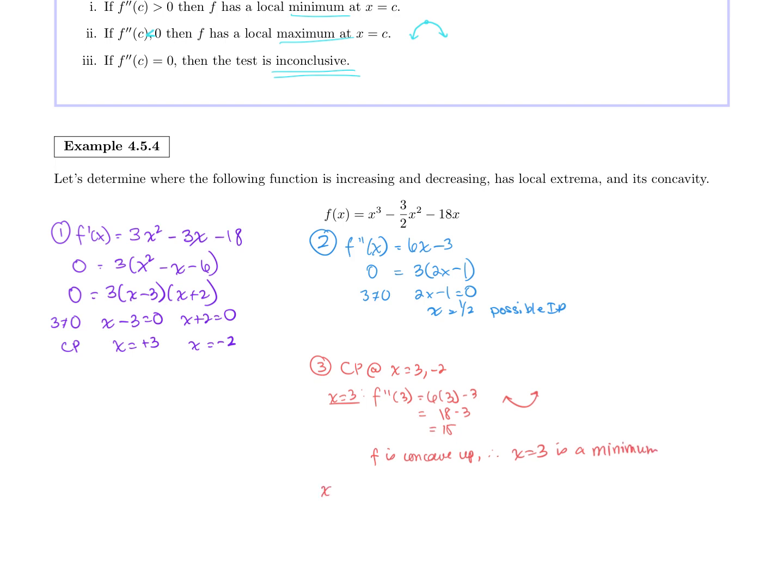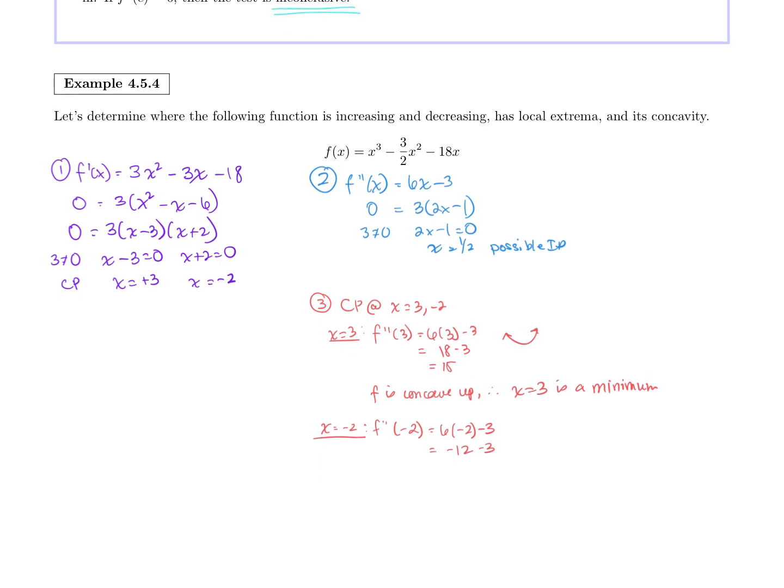If we test x equals negative 2, f double prime of negative 2 is going to be 6 times negative 2 minus 3, or negative 12 minus 3, which is going to give us negative 15, which means we are concave down. So f is now concave down, therefore x equals negative 2 is a maximum.